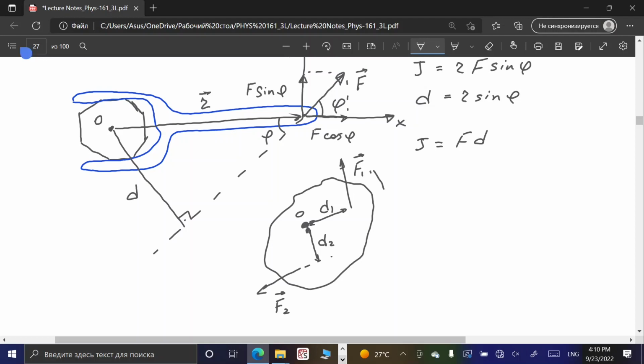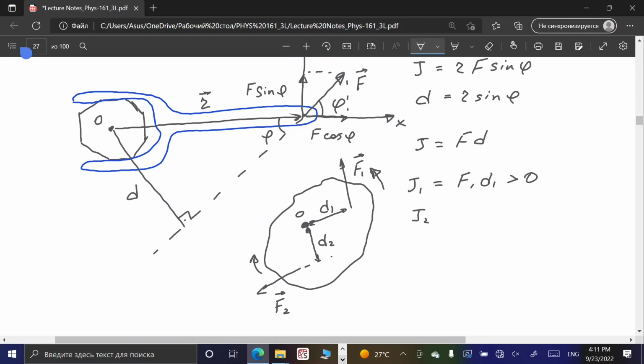We have an effort to rotate counterclockwise, and here clockwise. So the torque originating from force F1 will be given as F1 times d1, and by definition it's agreed that torque which tends to rotate a rigid body counterclockwise is considered to be positive, so it's larger than 0.